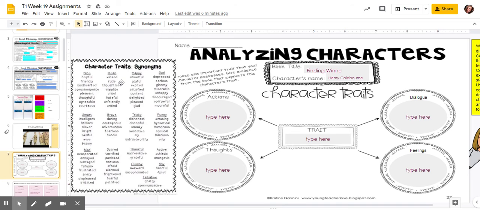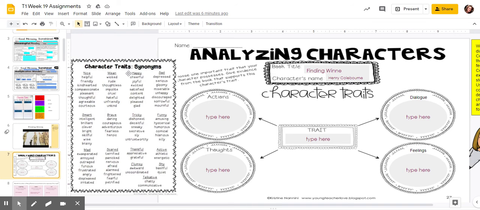I put a character trait anchor chart over here to the left. So at the very top, it has the primary words like nice, mean, sad.